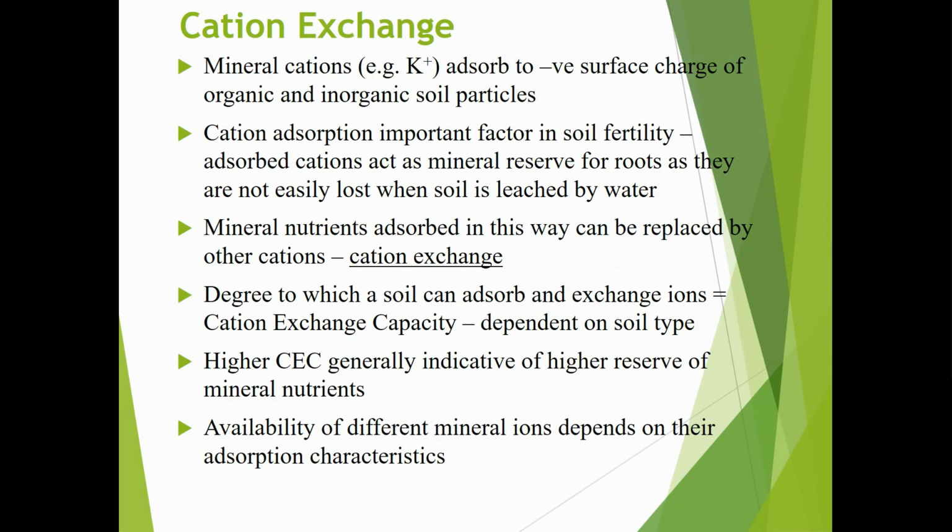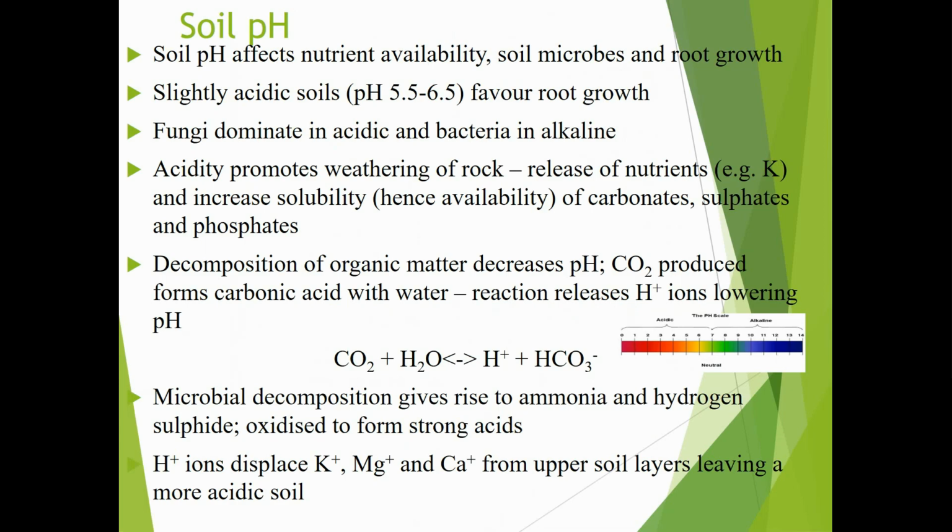We know that cation exchange capacity is very important, and it is the degree to which soils can absorb and exchange ions. And the higher the cation exchange capacity, the more minerals are within that soil.